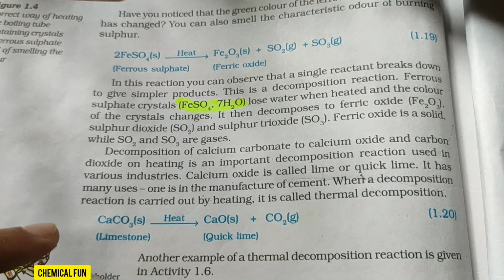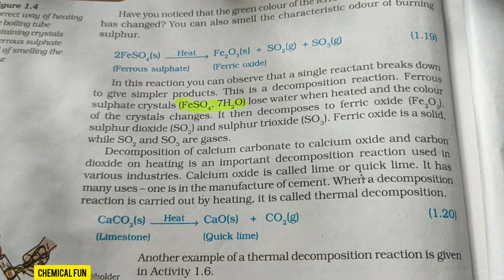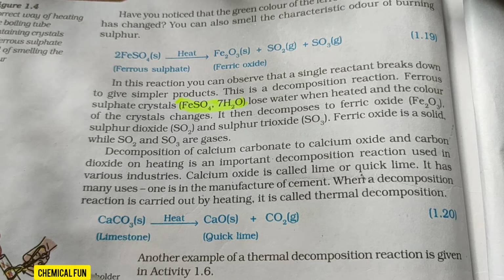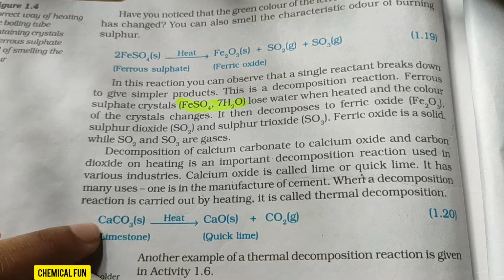This kind of names are important because in the exam the question might not come directly as write the reaction between calcium oxide and water. In the exam the question will come as, what happens when quicklime reacts with water, or what happens when limestone is heated.